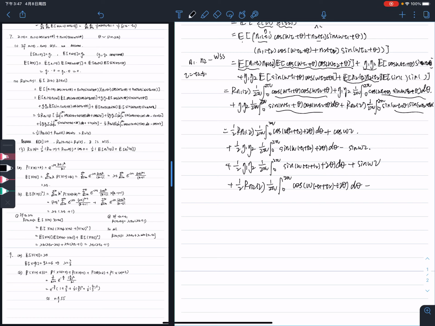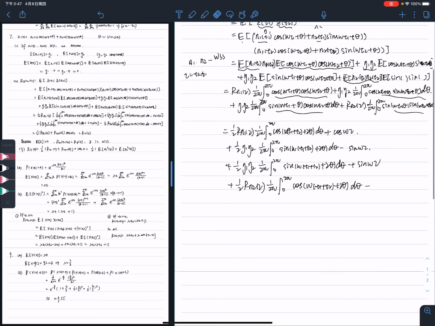minus cosine(ωτ). Because the integral from 0 to 2π covers a period, these integral parts are always 0.